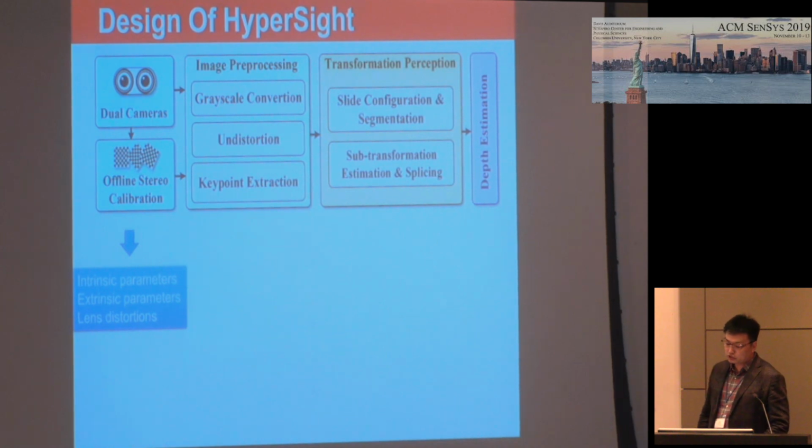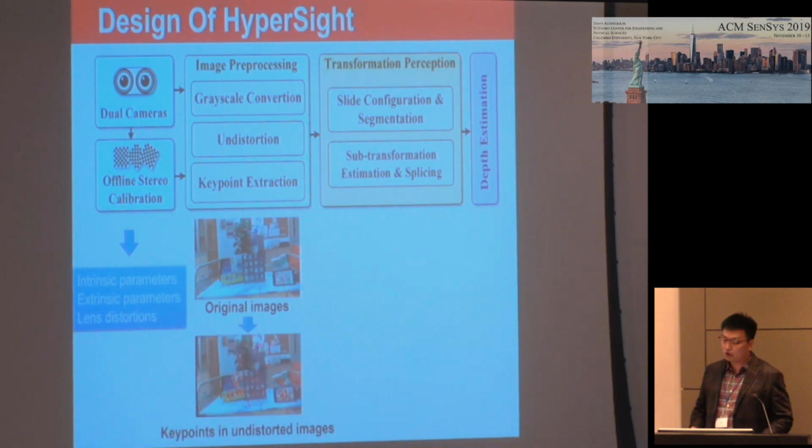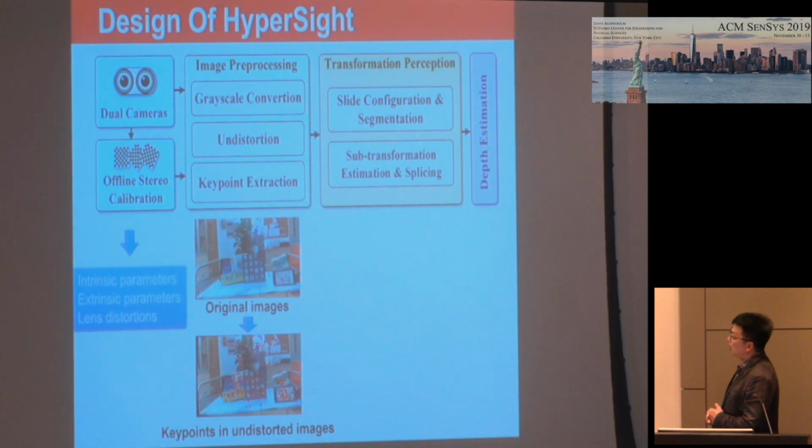After that, we'll do image pre-processing, which transfers the original images into grayscale, and then we do undistortion, and then we extract the feature points. We use the SIFT algorithm to get the SIFT key points or feature points.